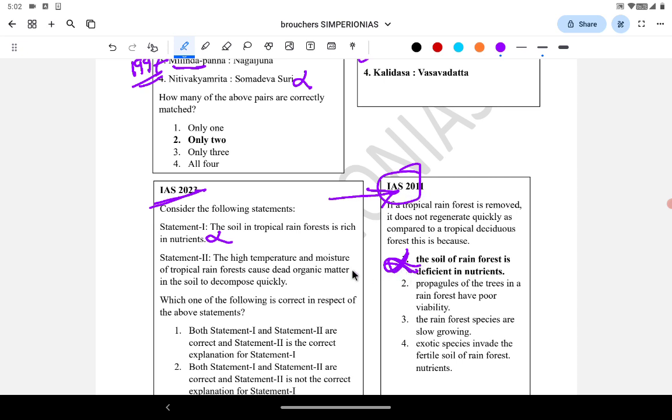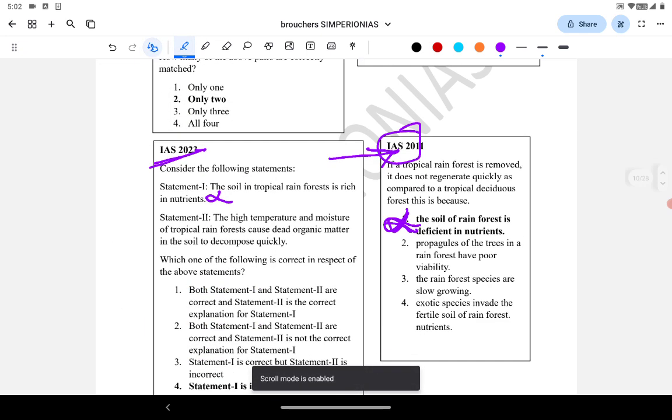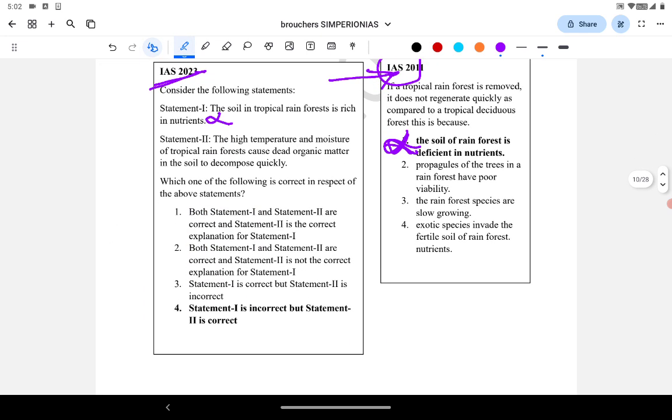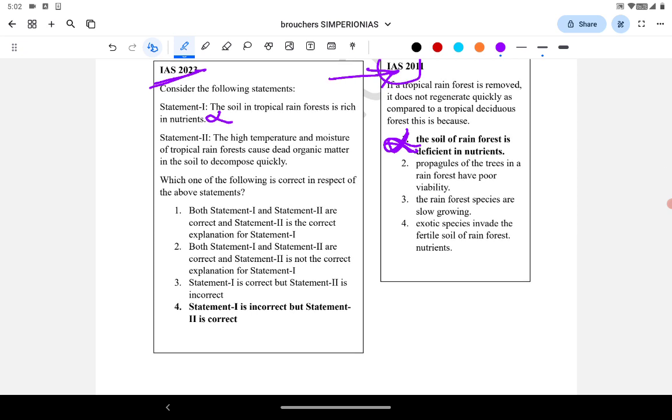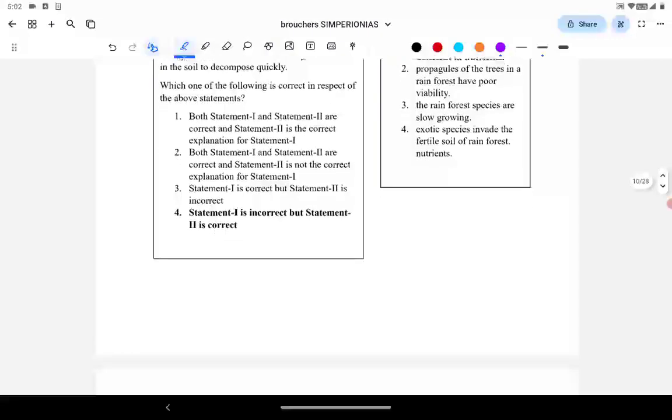They are deficient. The second statement is correct: the high temperature and moisture of a tropical rainforest cause dead organic matter in the soil to decompose quickly. That's correct. The first statement, that they are rich in nutrients, is wrong; they are deficient, which was asked previously by the UPSC in its civil services prelims itself.